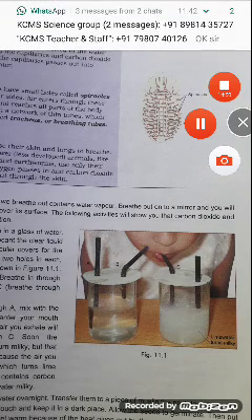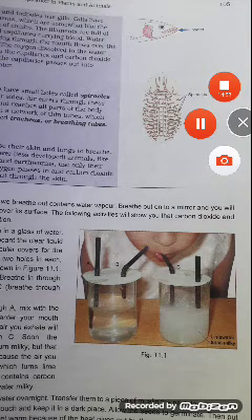If we suspend the pouch in a jar containing lime water and cover the jar, the lime water will turn milky.